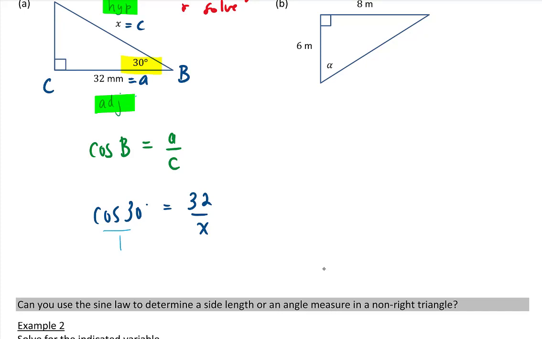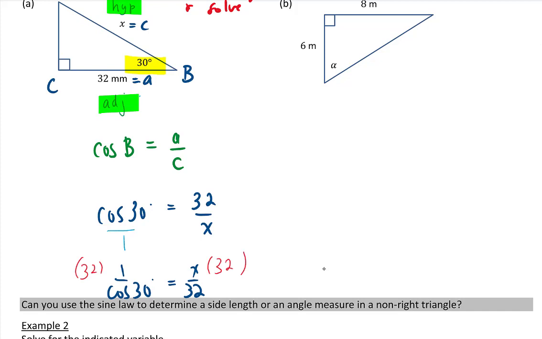So what we do is we flip both sides of the equation. So we get 1 over cosine of 30 is equal to X over 32. Since we have X over 32, we multiply both sides by 32. And we end up with X equals 32 over cosine of 30.